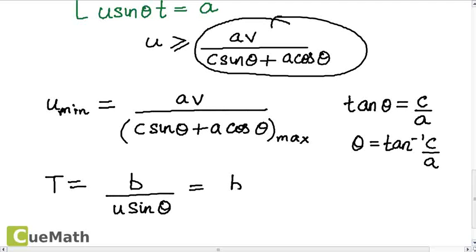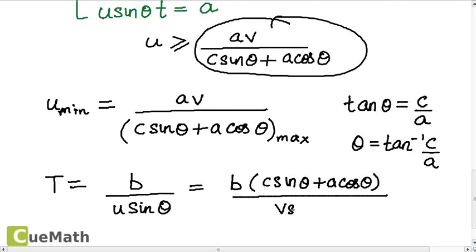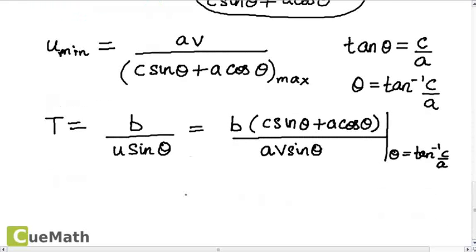So this will be b by c sine theta plus a cos theta by v, over sine theta, that is av sine theta, when theta is equal to tan inverse c by a.